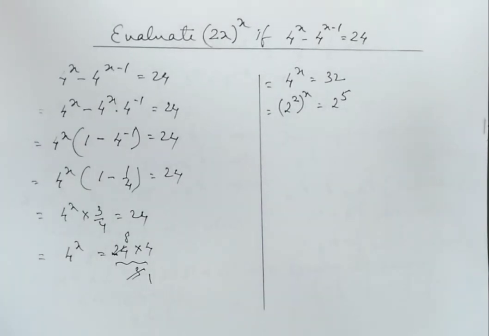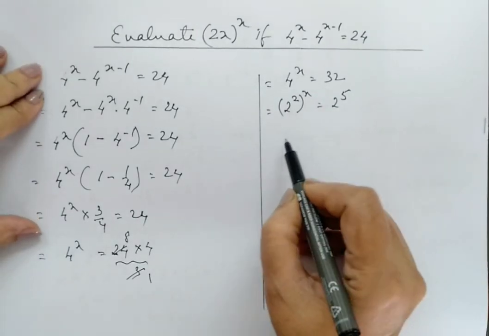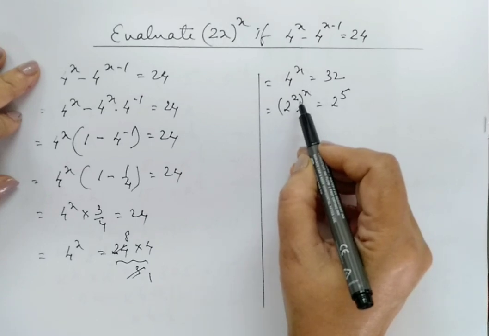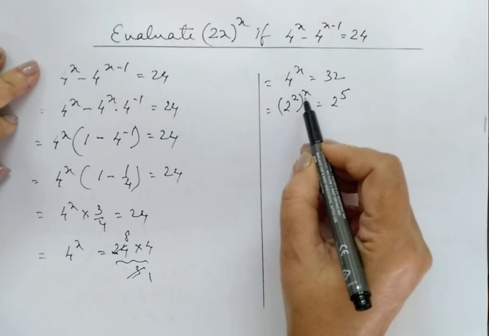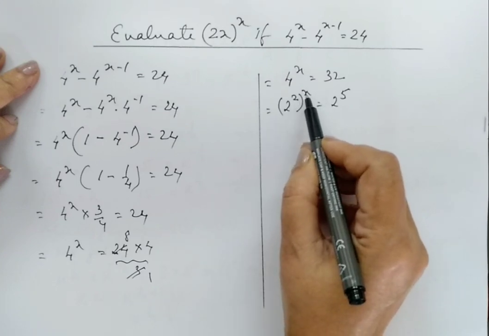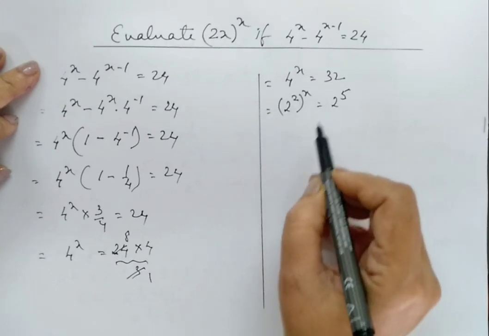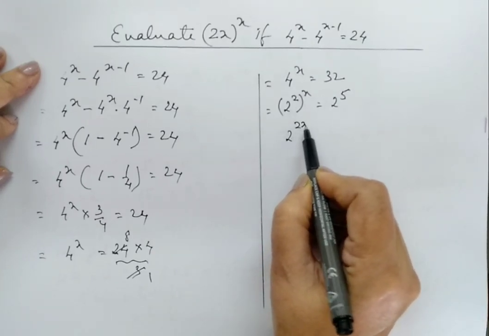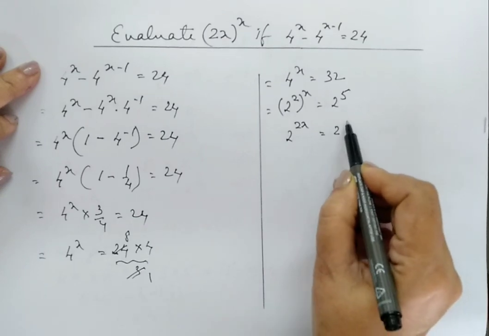Got it? Now, any exponent that follows, we can multiply. So 2 inside and another exponent outside means we can always multiply, which means 2 to the power 2x. Got it?